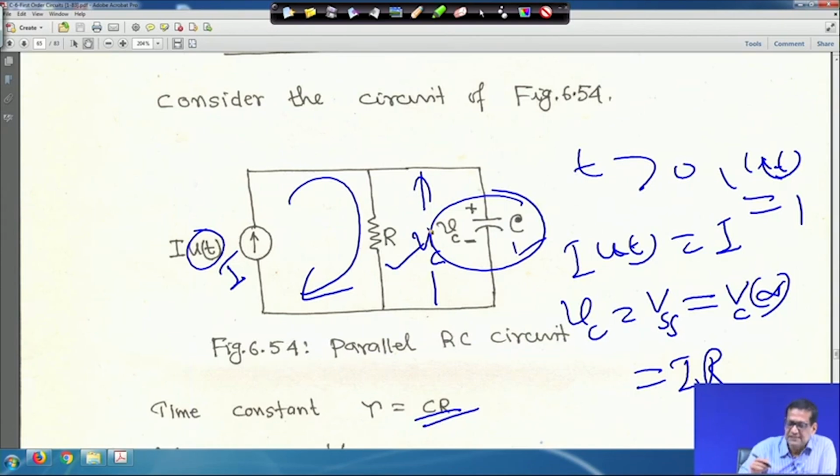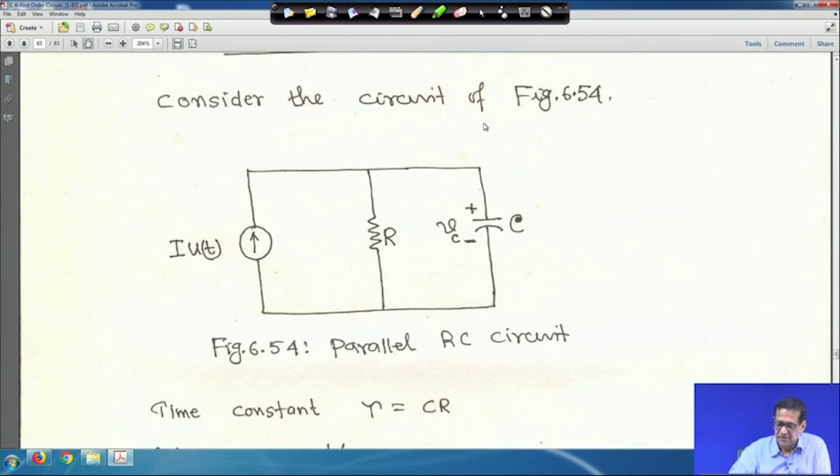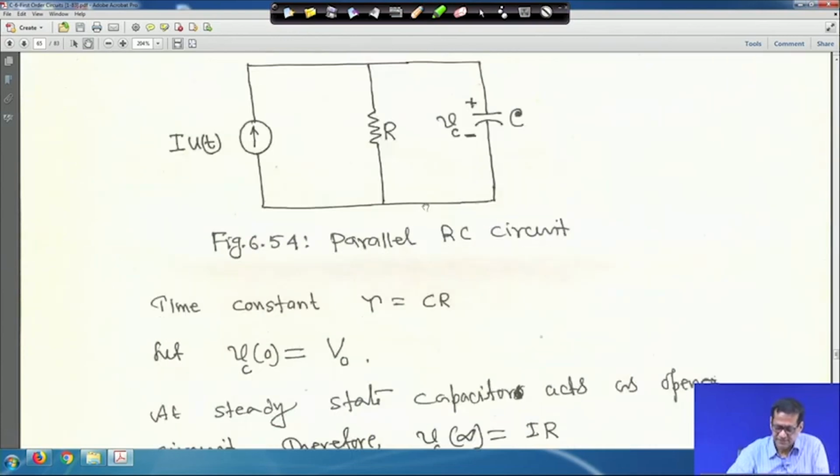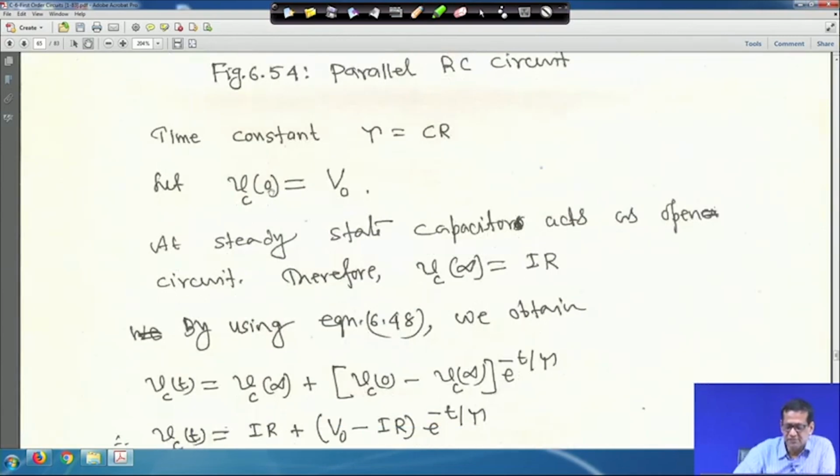So, using this natural response and forced response, we will try to obtain the expression of the voltage or current, whatever you want. Initially we assume that the initial voltage of the capacitor V c 0 is equal to V 0, it may be 0 also.